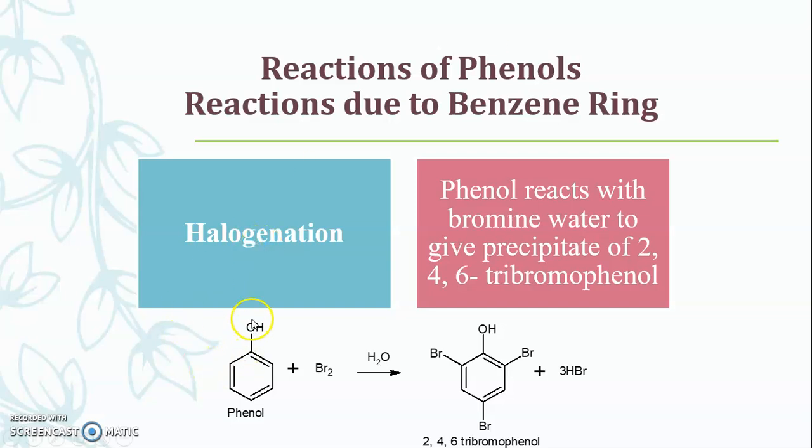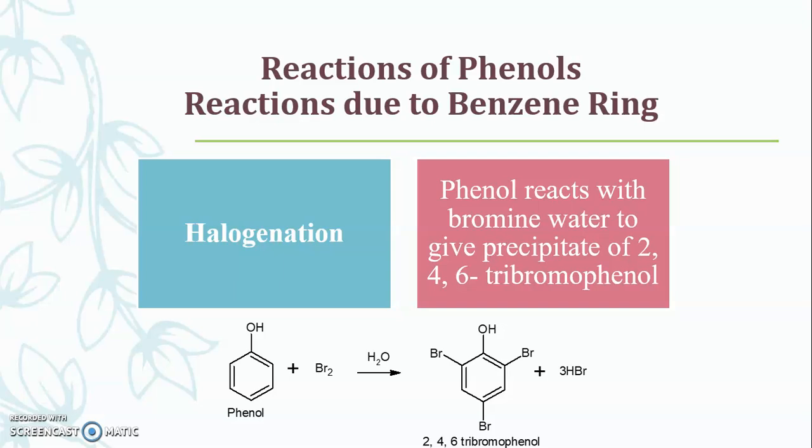Because phenol consists of a hydroxyl group, and this hydroxyl group shows an electron donating resonance effect, due to which it supplies electrons to the benzene ring, and the net electrons present on the benzene ring are increased, due to which the electrophiles are easily substituted on this benzene ring. That's why, instead of getting a mono substituted product, as phenol is more reactive compared to the benzene, we get the tri substituted product over here.